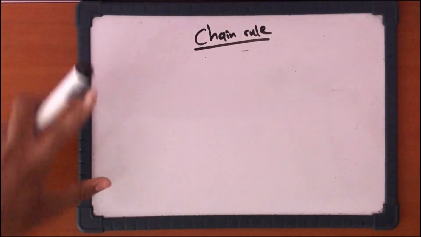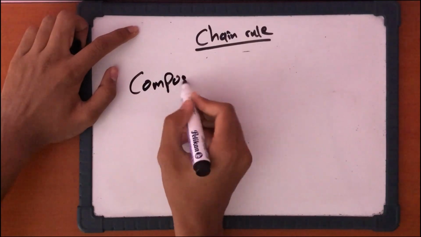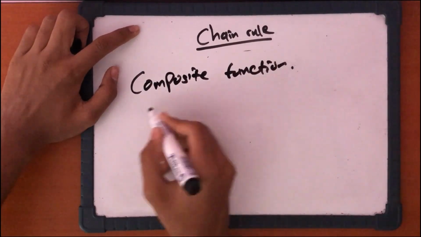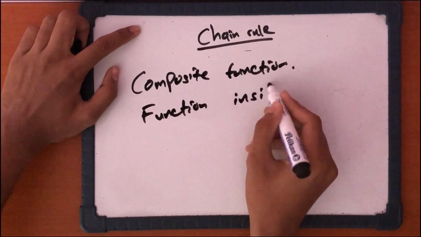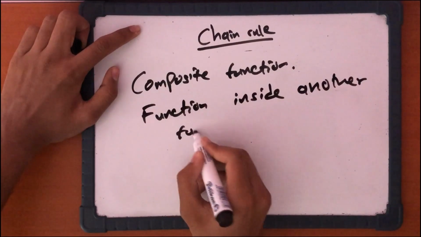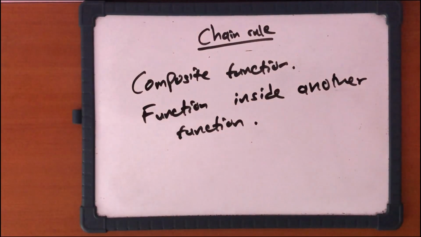So basically, chain rule, a general rule, is for composite functions, a function inside of another function. An analogy is like peeling an onion. It's in layers. You start from outside, go inside.